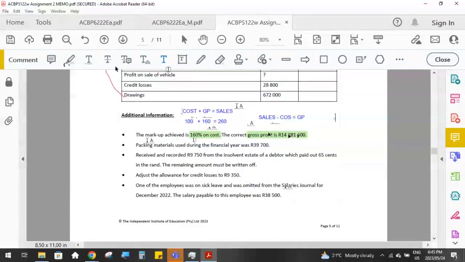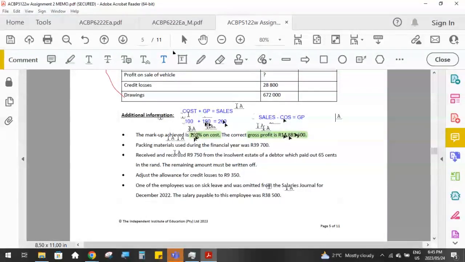Okay, markup achieved is 160 on cost. So because it's going to be on cost, cost is 100. So 100 cost plus 160 markup means that sales is 260. They've given us this GP amount, the 160, and we then need to work out the sales amount and the cost of sales amount.